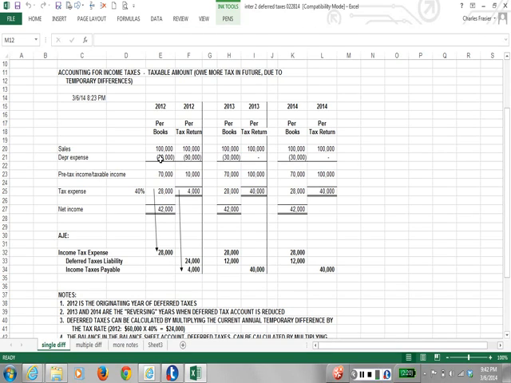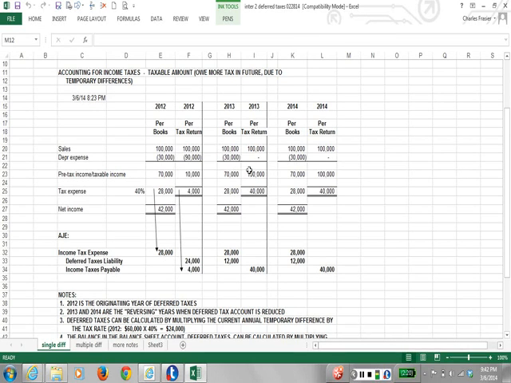So we generally understand then straight line is preferred on the income statement, and Section 179 is preferred on the tax return. Now notice the pre-tax profit is high for the income statement, $70,000, and low on the tax return for the very first year.